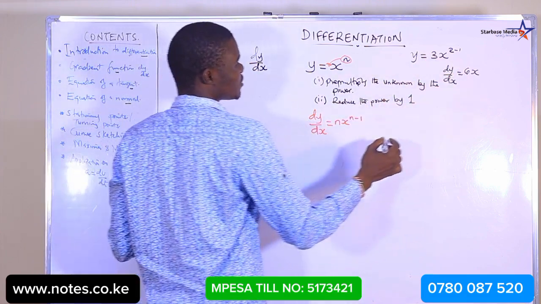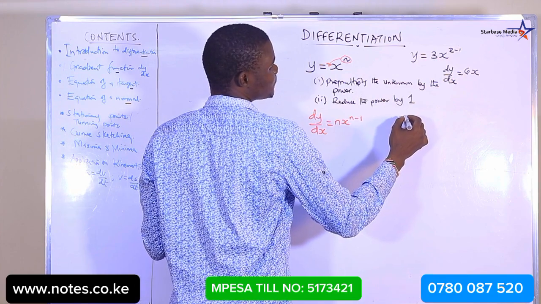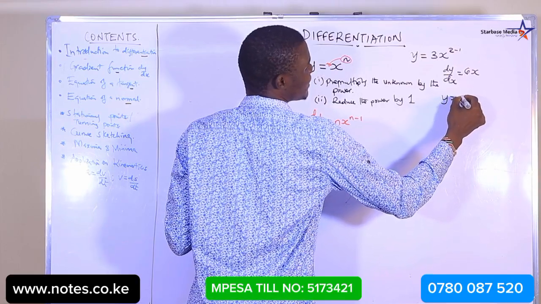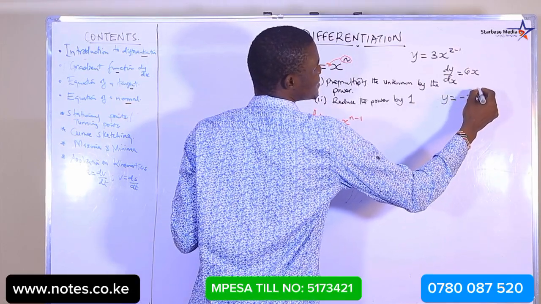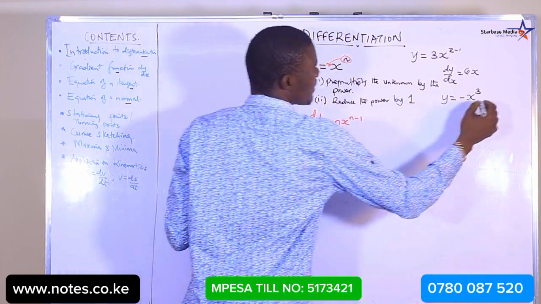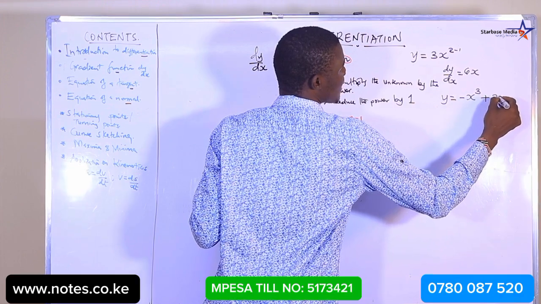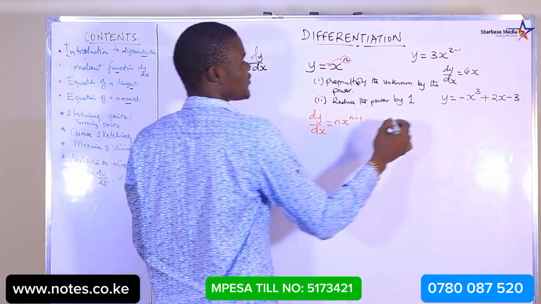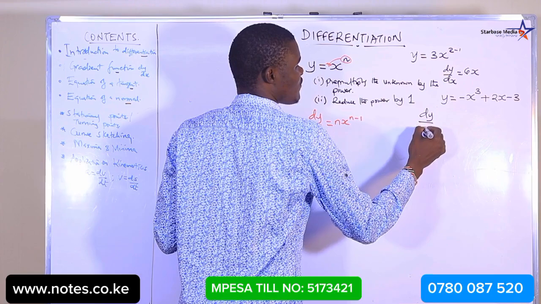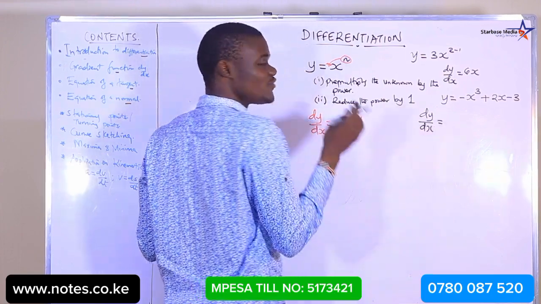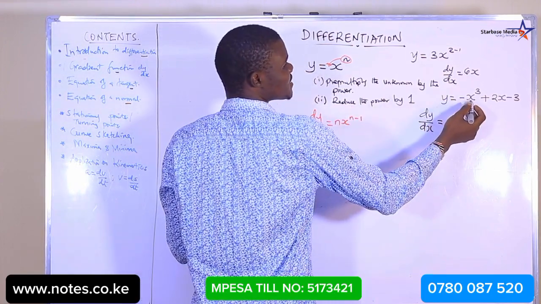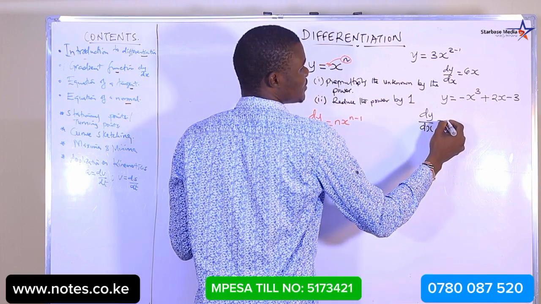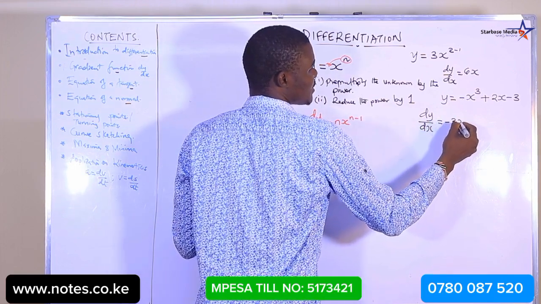Another example, you can be told that y is equals to, for example, negative x cubed plus 2x minus 3. How do we differentiate this now? We say dy over dx will be, so you differentiate each term individually. So this is like 3 times negative 1, so that will be negative 3x.